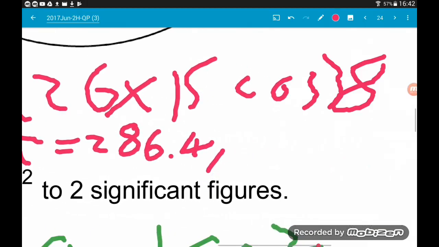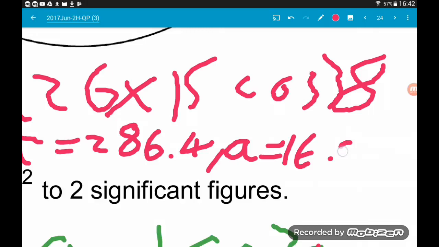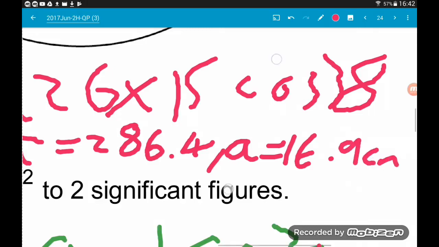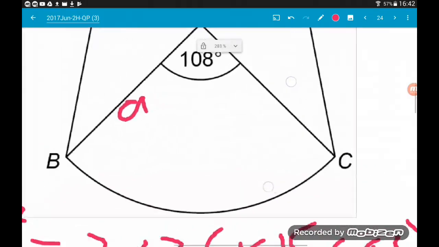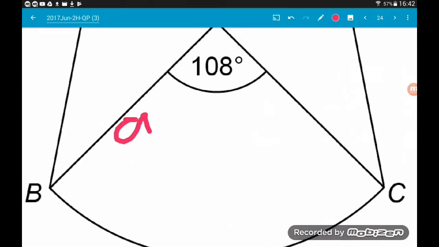Then if we square root that, we get a is equal to 16.9 centimetres if we go to one decimal place. So that now tells us the radius of the circle, or the sector if you like, is 16.9 centimetres. So now we need to work out the area of the sector, add it to the area of the triangles, and then pat ourselves on the back for getting the right answer.